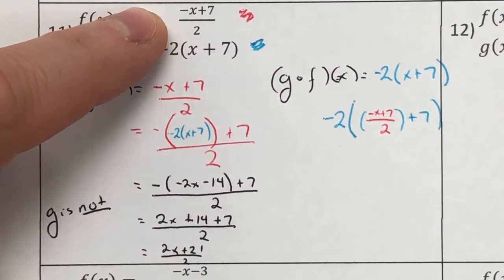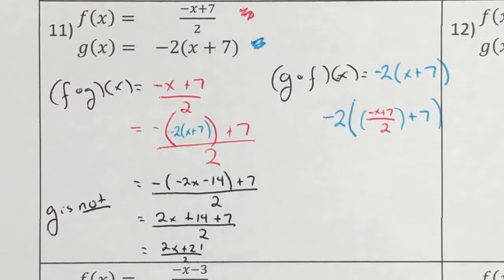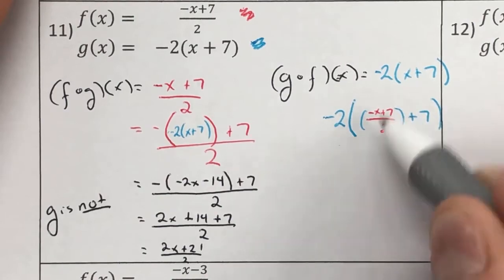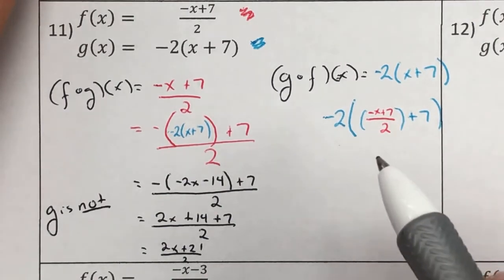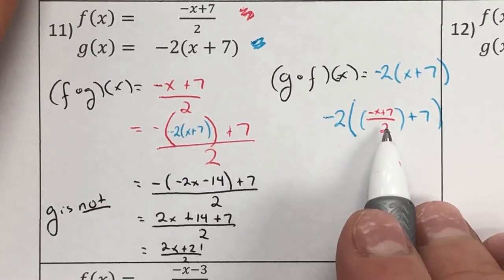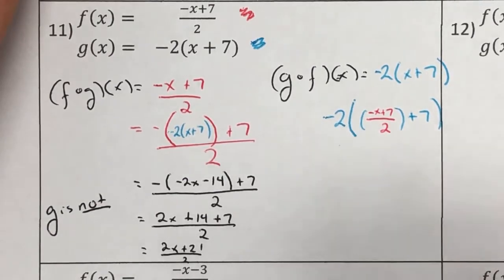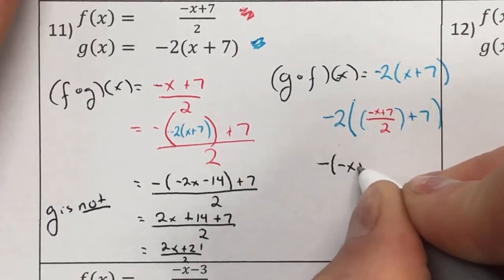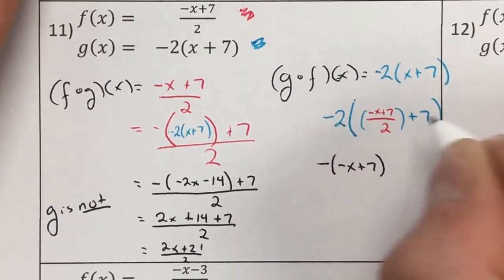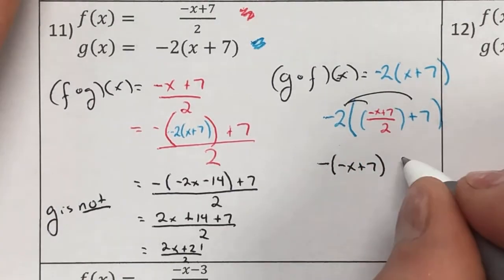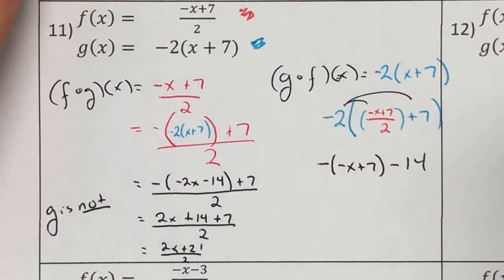Okay. And so now I'm going to slowly work my way out. I've got a couple paths I could take here. I could try and add the 7 to this and make one big fraction. But I think the best way that we can do this is distribute the negative 2. Because the 2 and the 2 are going to cancel out, and that's just going to mean that that is a negative times that negative x plus 7. The negative 2 over here, once I distribute to the next piece, it's going to make a negative 14.